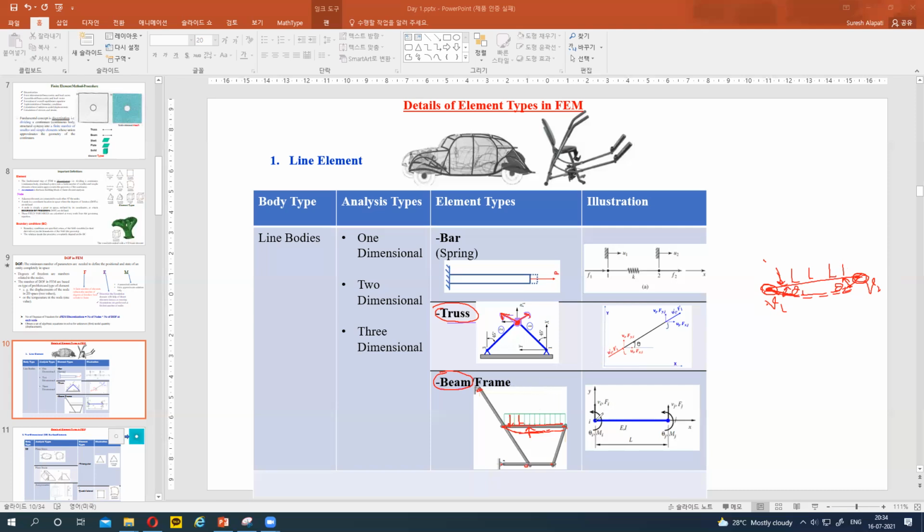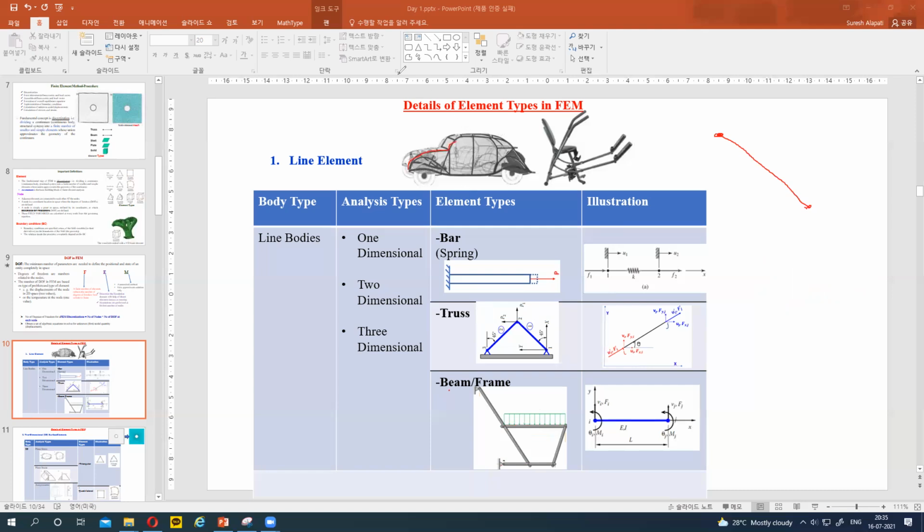So similarly, the general kind of line element, right? You know bar and truss and beam. But the general kind of beam element is known as frame element. Okay, this one is frame.